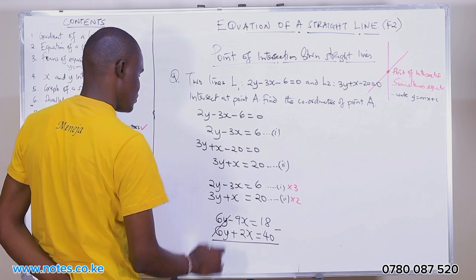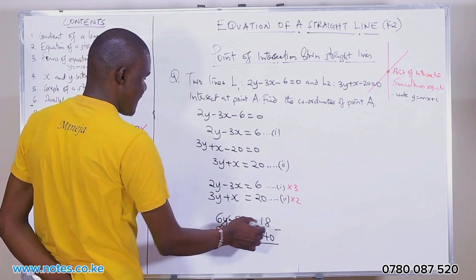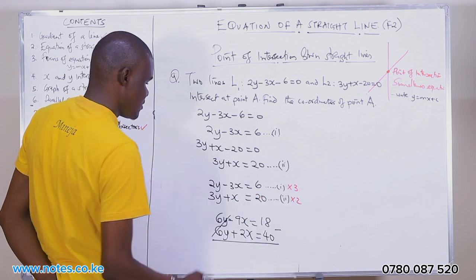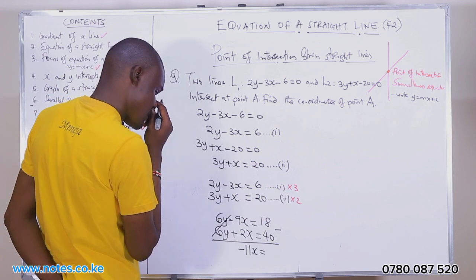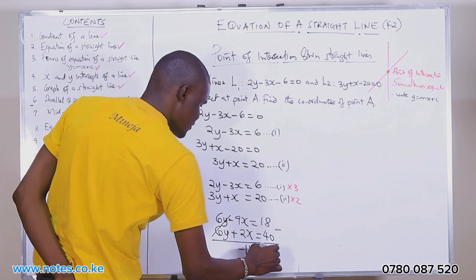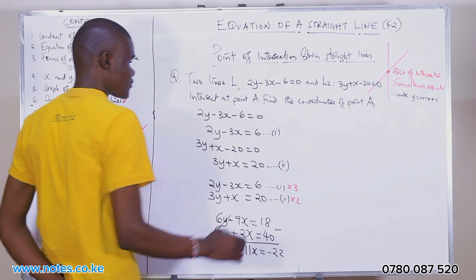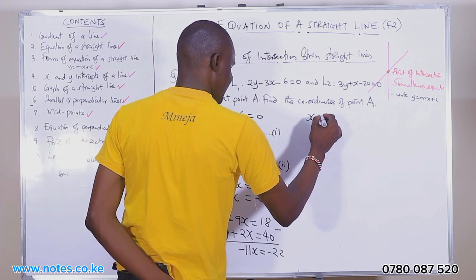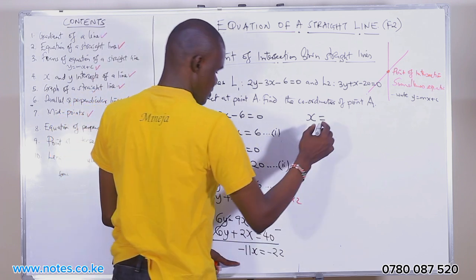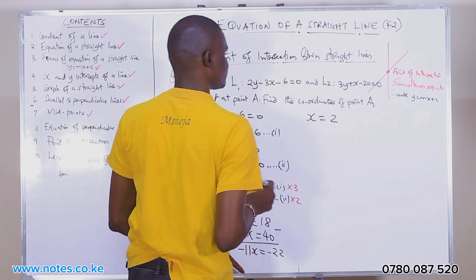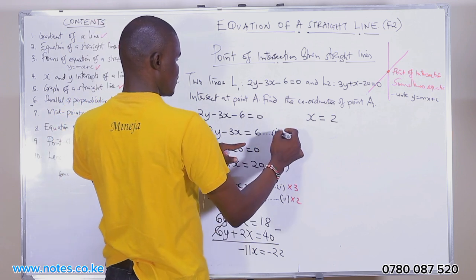So the 6y will go. We have minus 9 minus plus 2, that is minus 11x, is equal to, 18 minus 40, which is negative 22, is it? Yes. So x, therefore, when you simplify this, will be 2. For you to get y, you replace x in any equation. I can take equation 1.